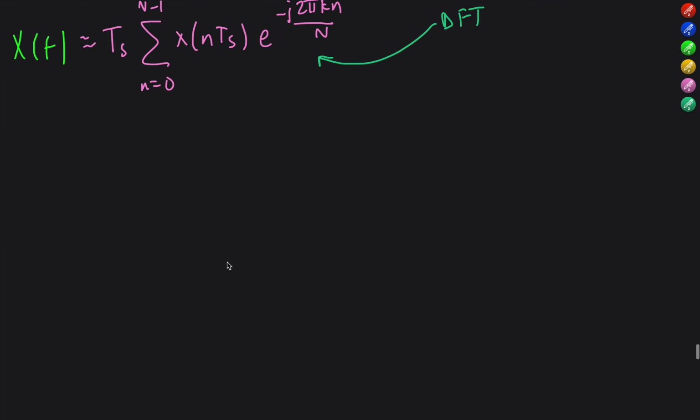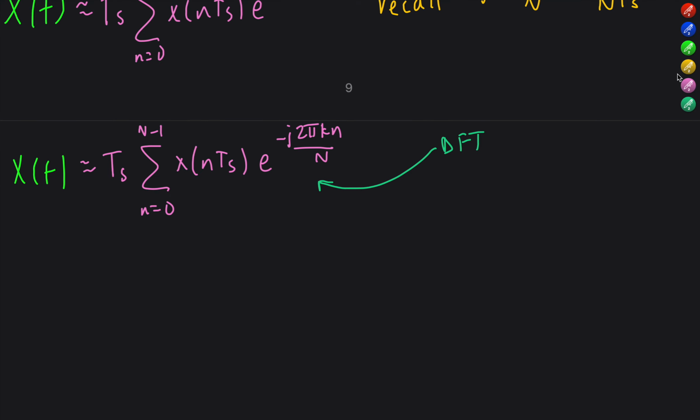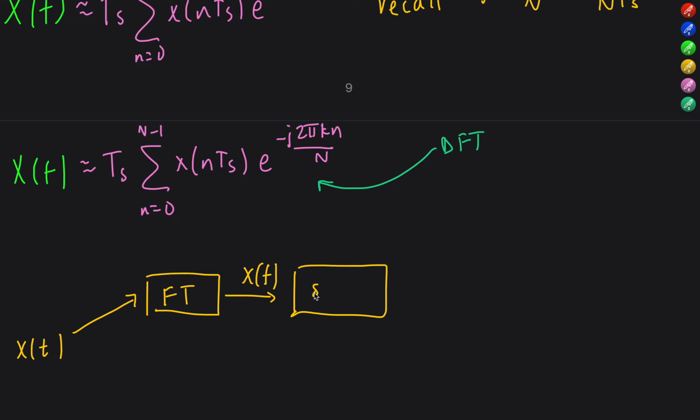That's a pretty cool idea. In other words, in terms of block diagrams, which we love as engineers, I could take a signal in time, and I have two options with it. I could first pass it through a Fourier transform, get out the Fourier transform version of it. Then I could sample that, and what would I get out?